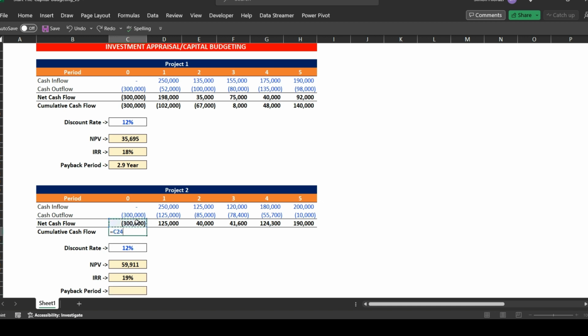Year 0 will be the same as the net balance for year 0. Then you pick the previous plus the current net cash balance, and then we drag it to the last column here. Then we can see that we experience a positive cumulative cash balance at the end of year 4.